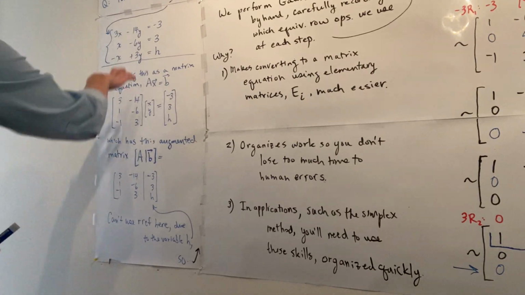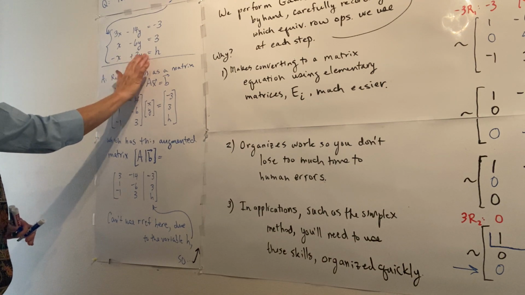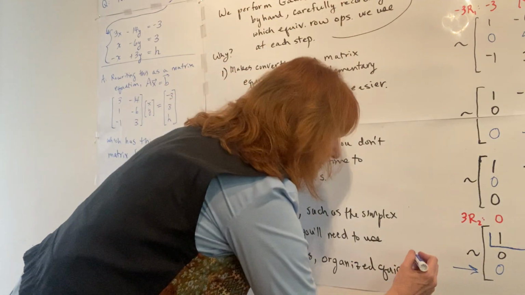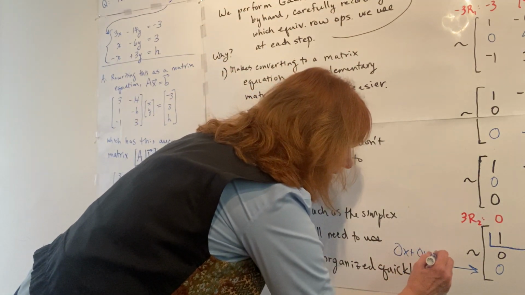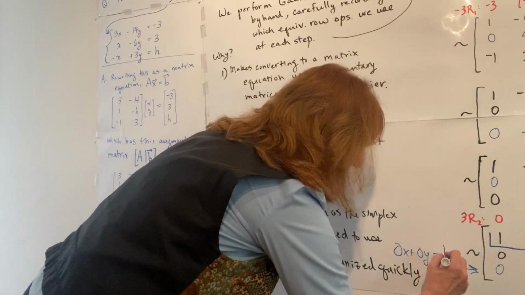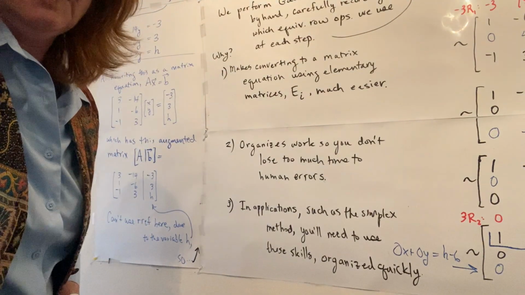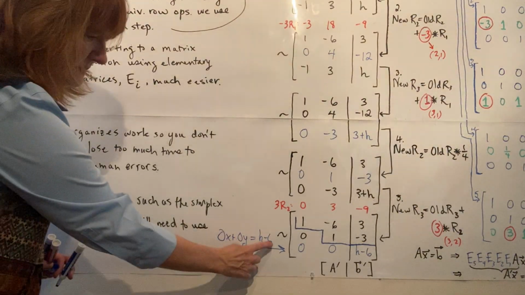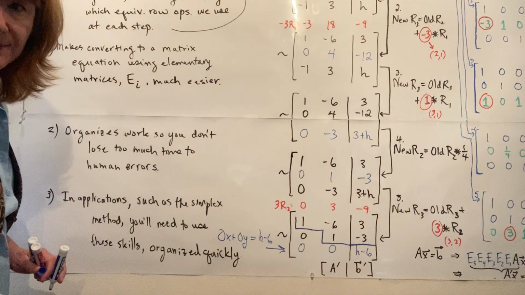So going back to the original notation, this last line has become something that looks like 0x plus 0y equals h minus 6. Right? 0x plus 0y is equal to h minus 6.